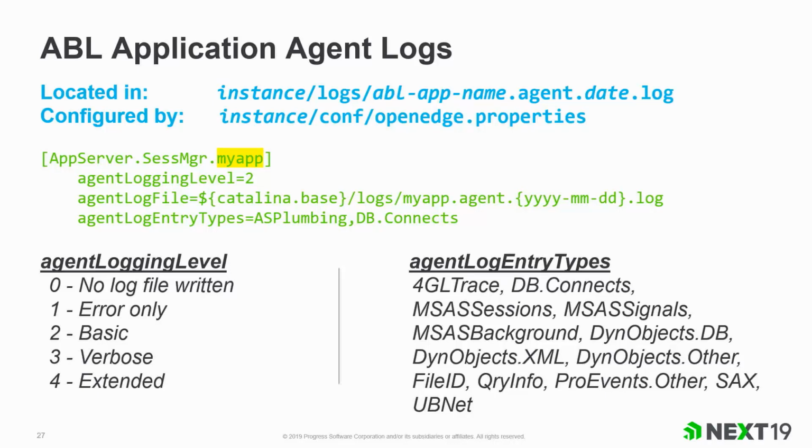Those are all in the documentation, so I won't talk about those. I haven't listed all of the possible log entry types. But I think most people find 4GL trace and DB connects really quickly when they're trying to debug an issue, right? So that's the place that you would turn those on.